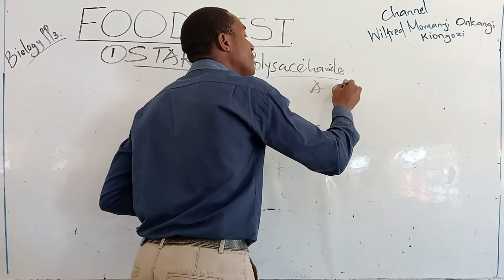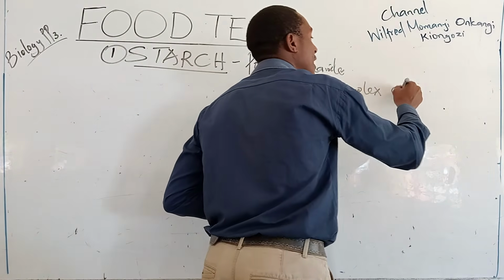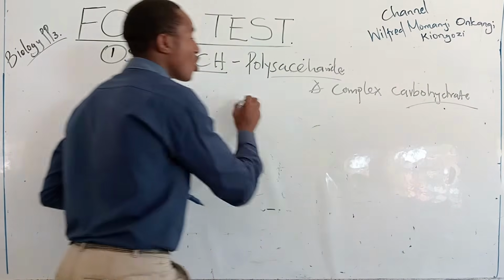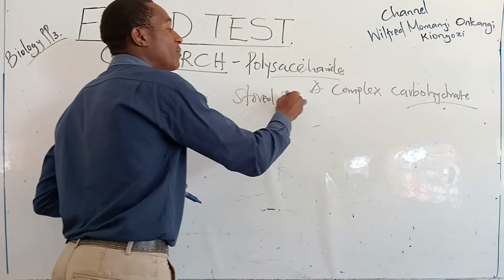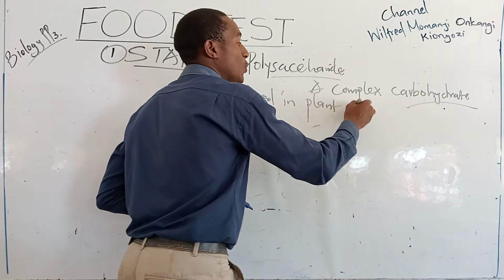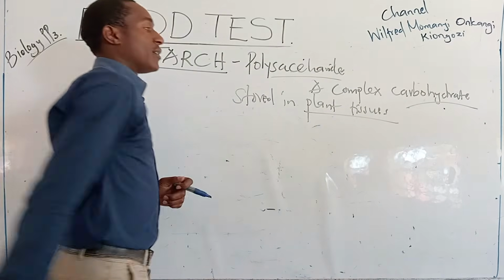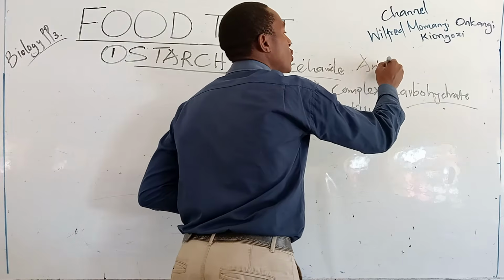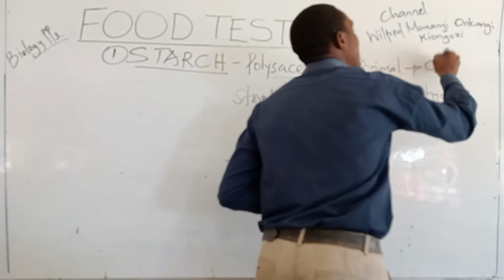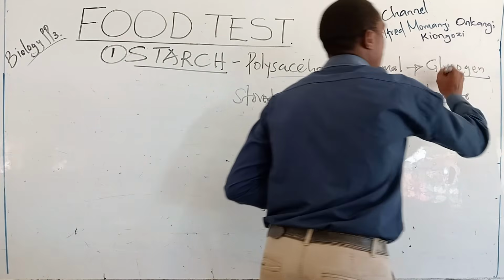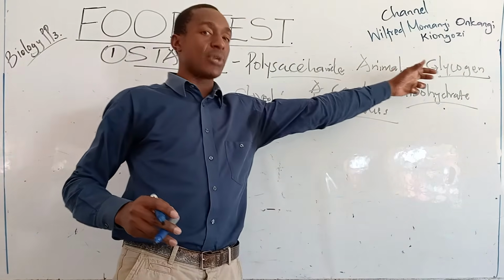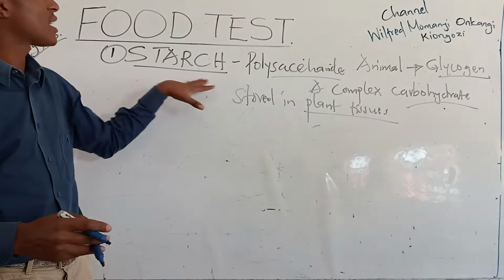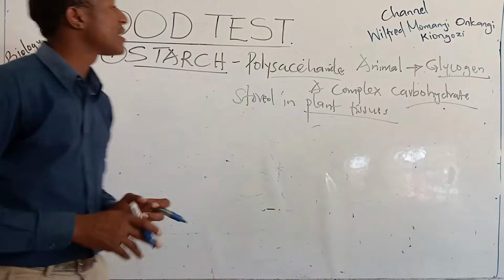It is a complex carbohydrate that is stored in plant tissues. To your attention, remember we also have the carbohydrate that is stored in animal tissues. This one is called glycogen. So glycogen is for animals, starch is for plants. Both of them are carbohydrates. This is a complex carbohydrate we call polysaccharides.